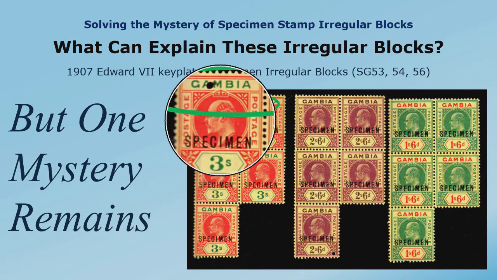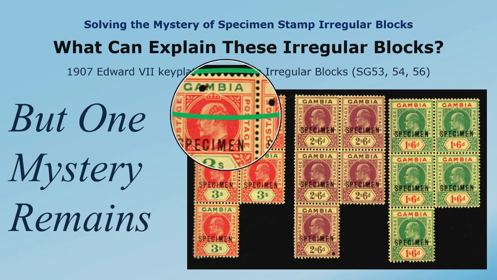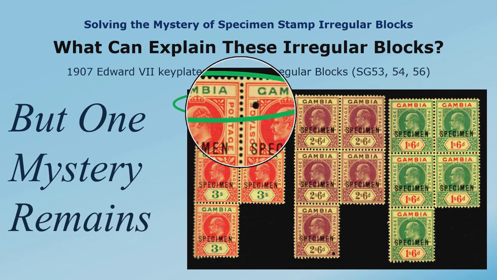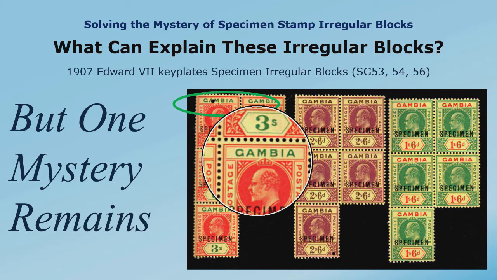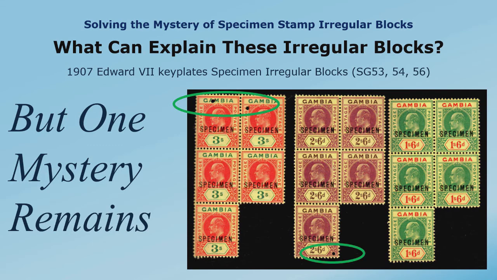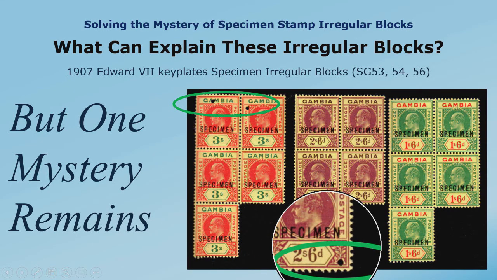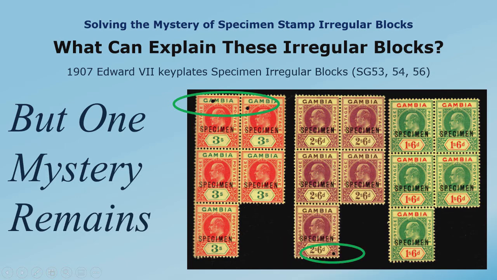If you look at the 3-shilling stamp, the top 2 have perforation holes in them. And if you look at the bottom of the 2 shillings 6 pence, you'll see there's also a perforation. Some have specified, and I've debated with those some, that it might be wormholes.